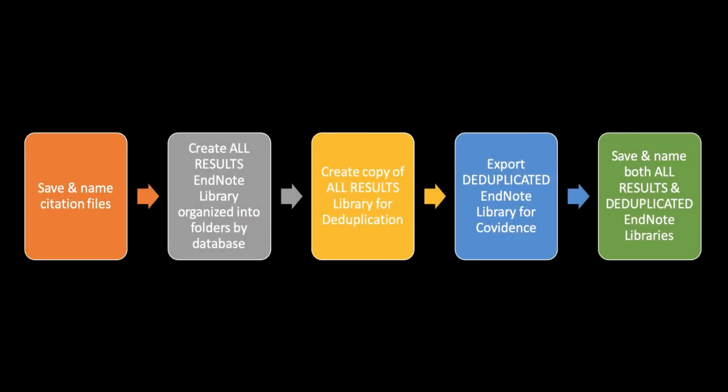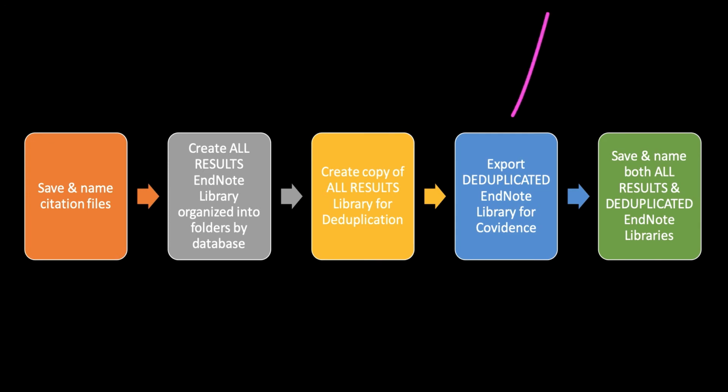This diagram shows the basic workflow for using EndNote software for systematic reviews. First, save and name citation files exported from the databases prior to importing into EndNote. Second, create an all results EndNote library organized into folders by databases. Then, create a copy of the EndNote library for deduplication of citations.